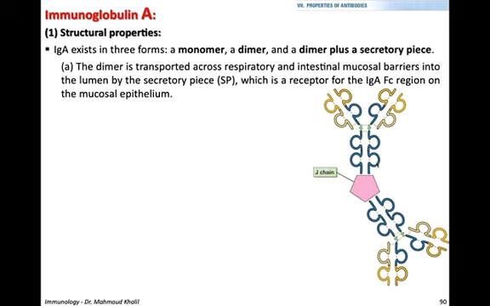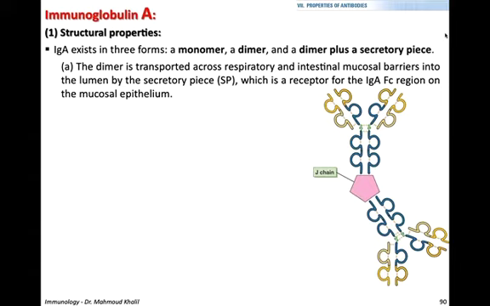This dimer can be transported across the respiratory and intestinal mucosal barriers with the help of the SP region, or secretory piece, which is a receptor for the IgA Fc region on the mucosal epithelium.